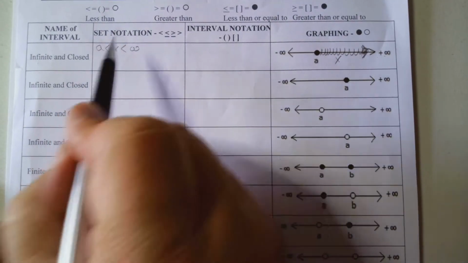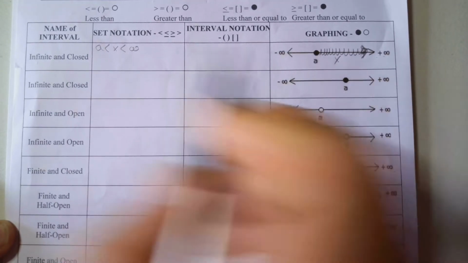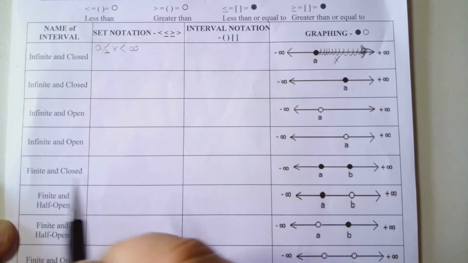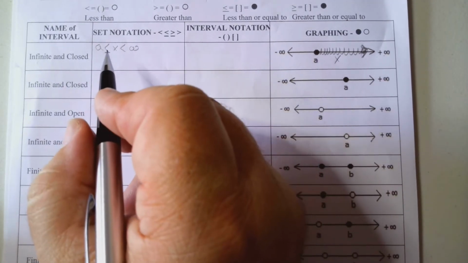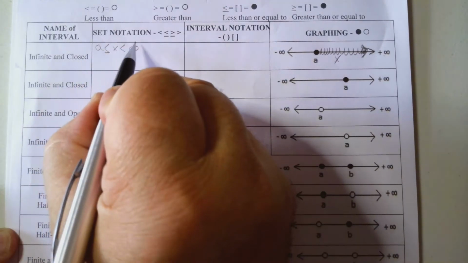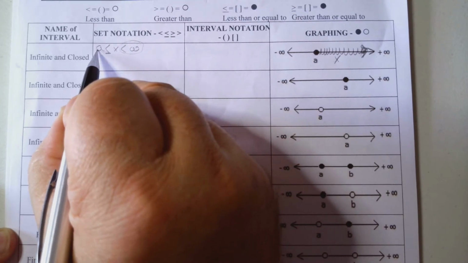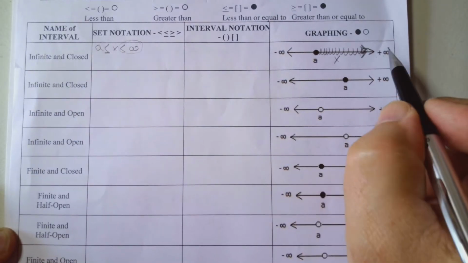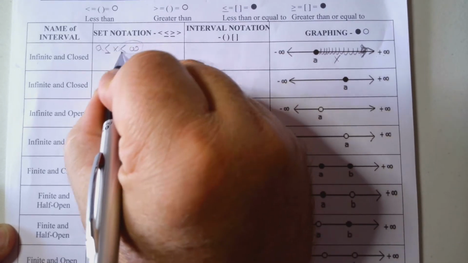I'll always use that direction. Now since that's a solid dot, I put a line underneath it. Infinity you can never get to, so it's always an inequality. But this is redundant. If I say x is bigger than a, it's going to go on for infinity. So I don't need that part.